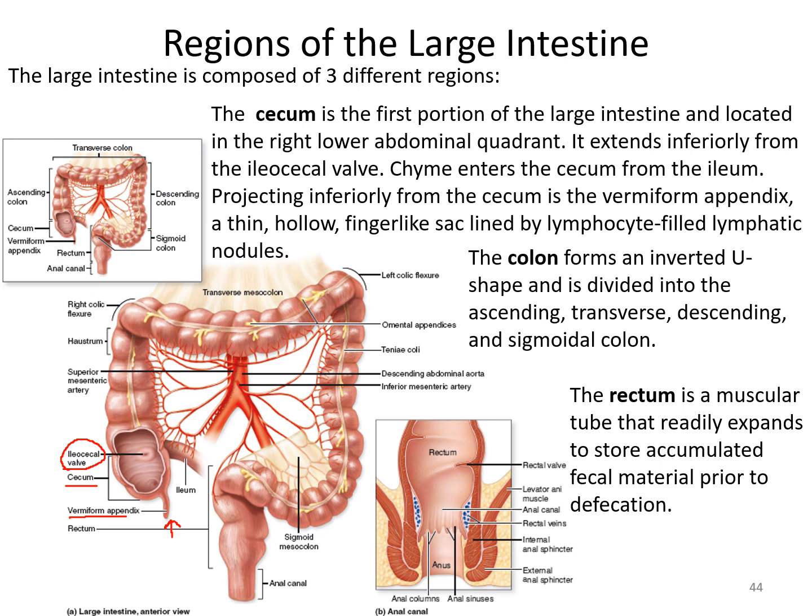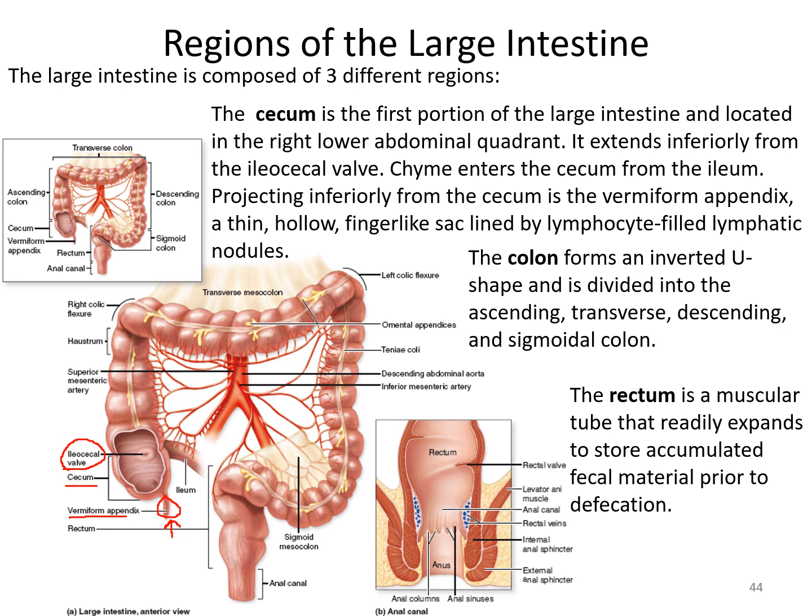The vermiform appendix is a thin, hollow, finger-like sac filled with lymphatic nodules, so it's a lymphatic structure. Then you have the colon. The colon forms this inverted U shape and is divided into the ascending, transverse, descending, and sigmoidal colon. So please don't get confused.